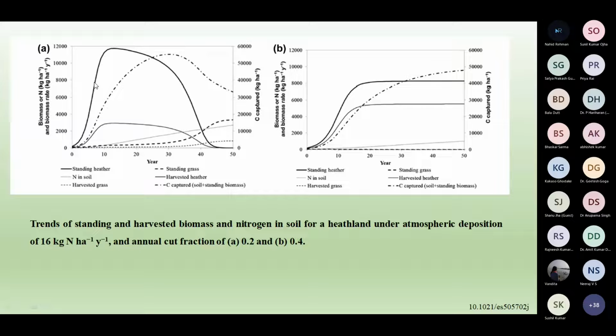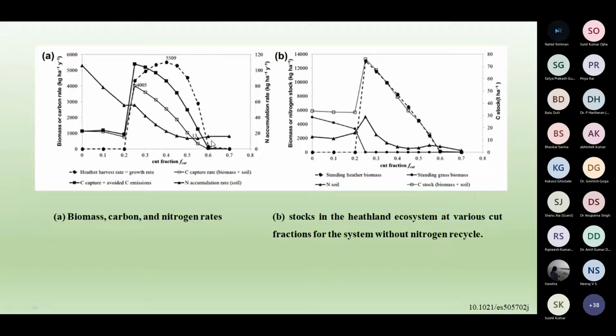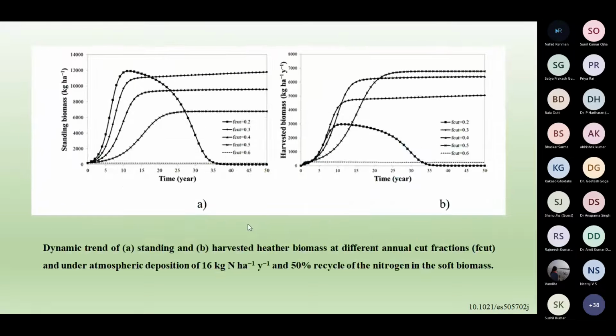So they converted this, and they have seen across the year what trend they obtained. Similarly, they compared the carbon, nitrogen, and biomass as well, with respect to time and with respect to the annual cut fractions.